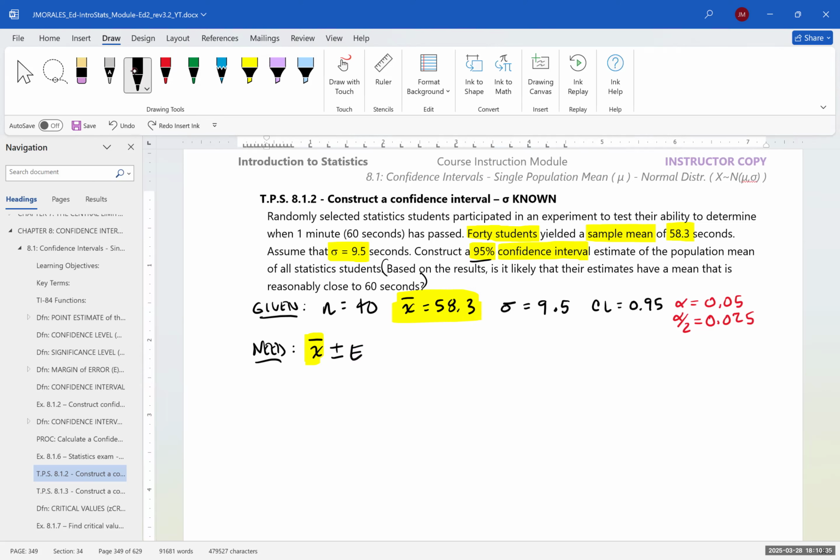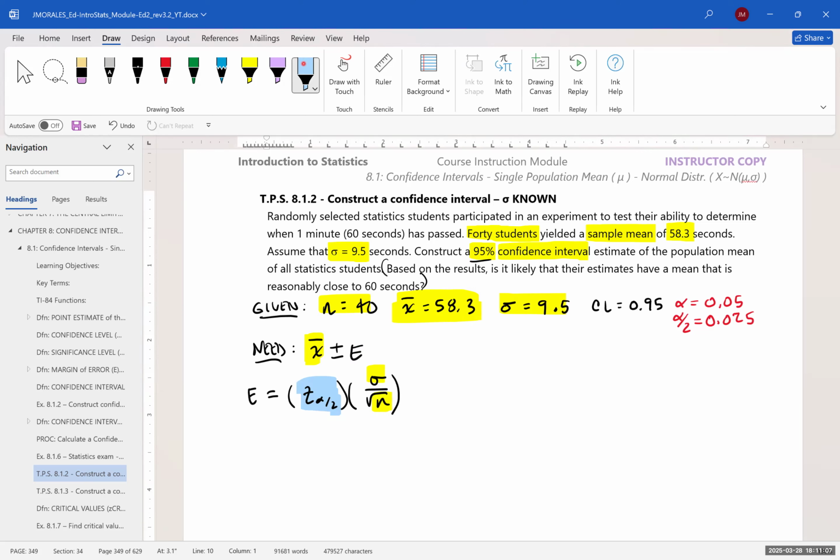All right, so in order to calculate the error, there's a relation with error, and that's a z alpha 2 score times sigma divided by the square root of n. Okay, sigma, we've got, n, we've got. What we need is this z alpha 2 score.